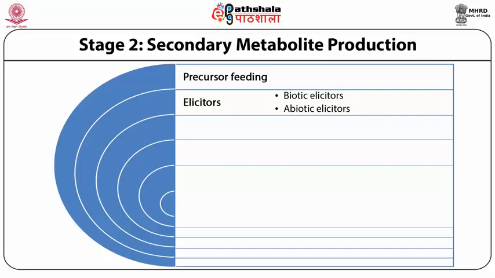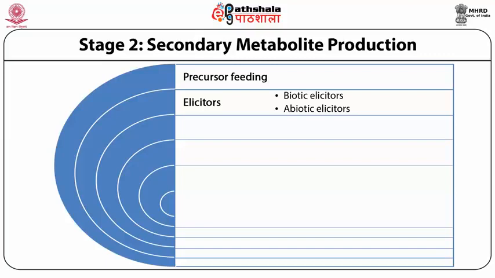Abiotic elicitors can be inorganic salts, heavy metals, UV radiation, high salinity, high and low osmolarity, extreme temperatures, and high pressures. So there are multiple ways by which you can trigger the cells, put them into stress, so that they are able to produce secondary metabolites.